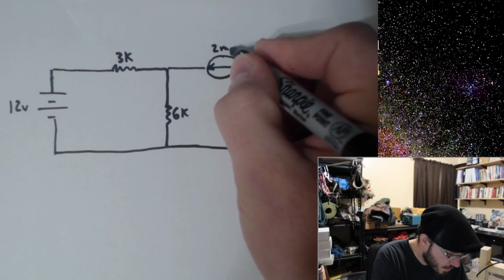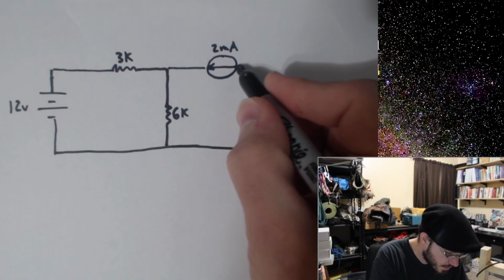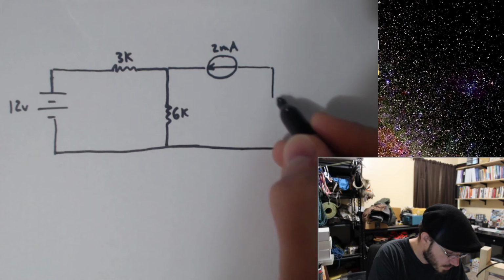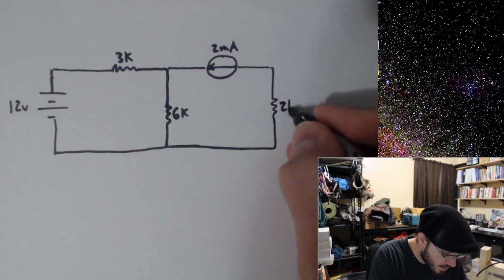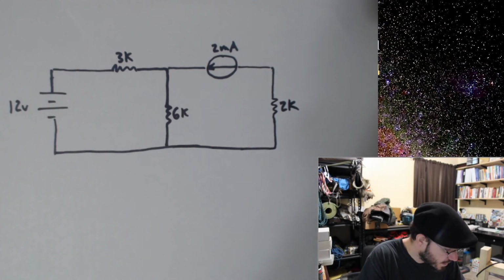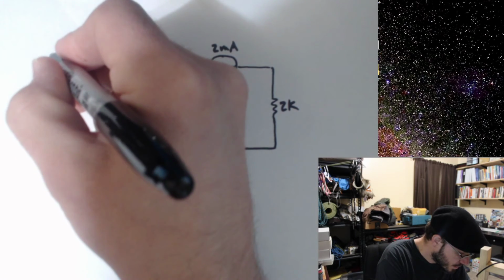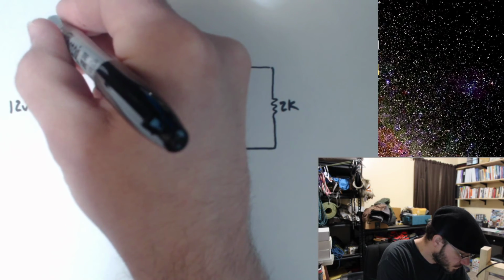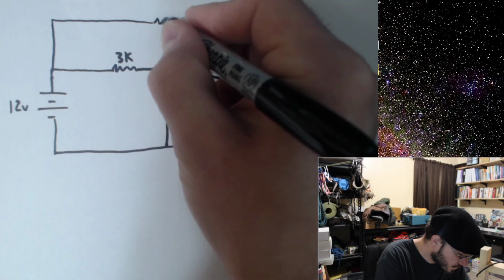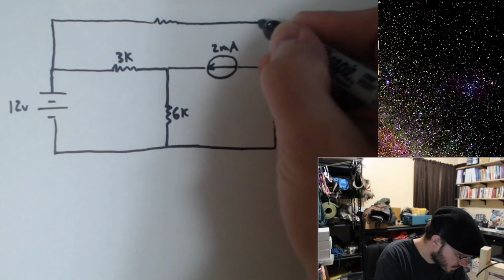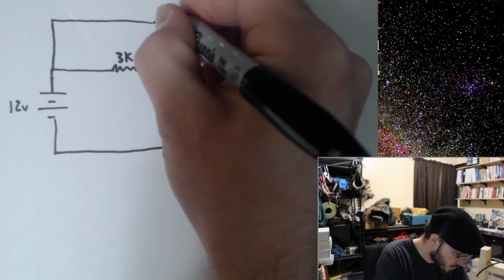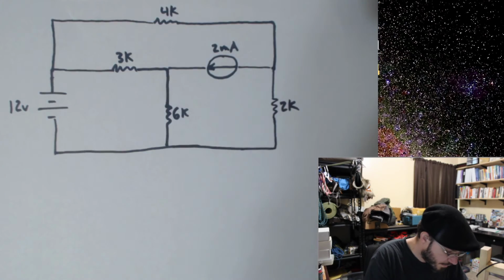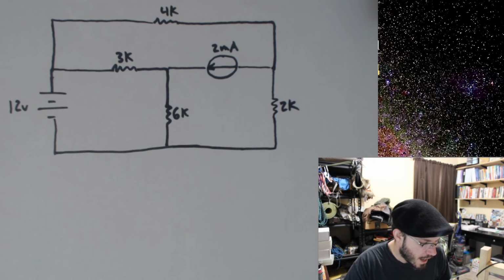It'll have a value of 2 milliamps. Over here we'll have a 2K ohm resistor, and we'll have a 4K over here at the top.